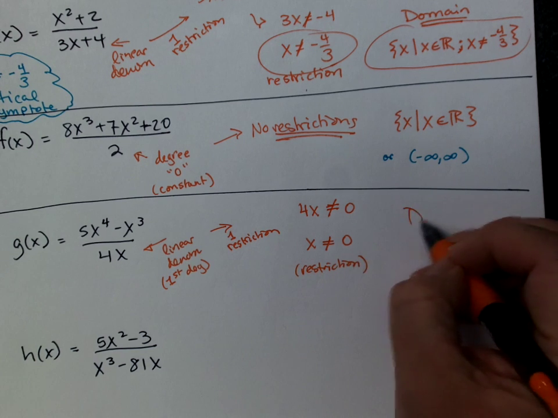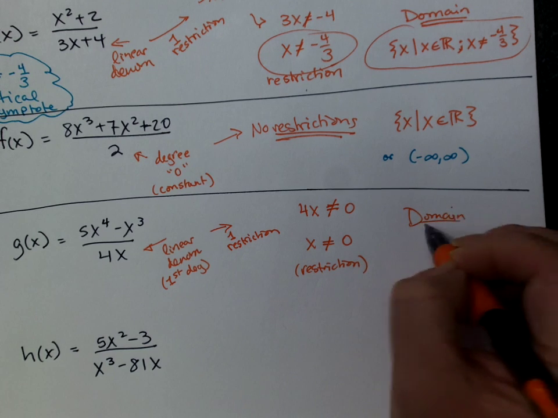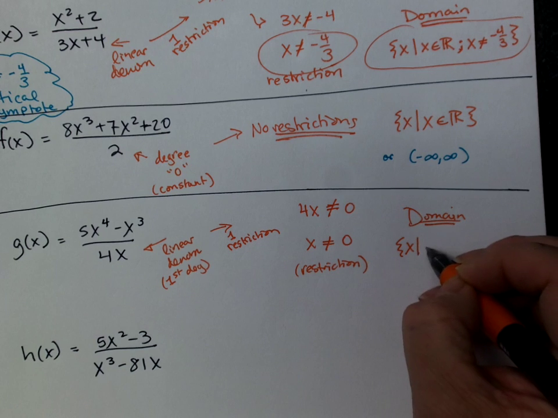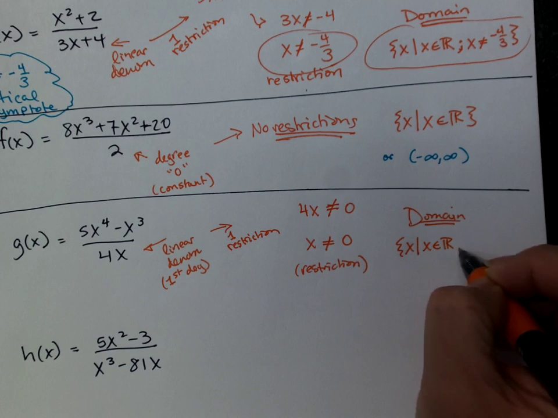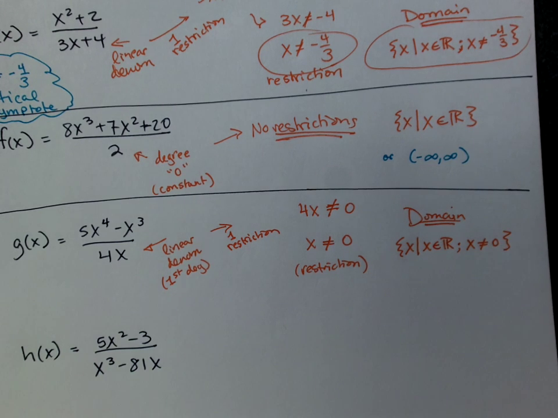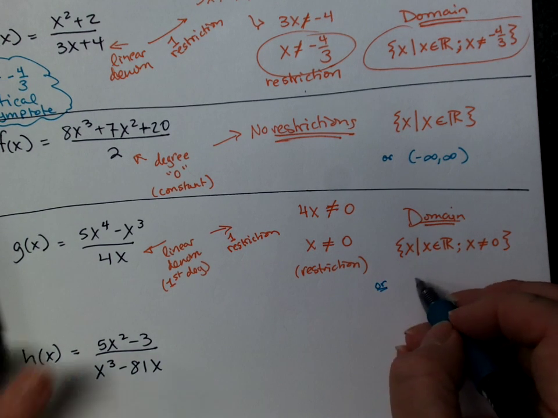And so our domain is x such that x is a real number, but also x cannot be 0. Now, if you wanted to write this in interval notation, or you were asked to, what's the smallest value x can be?